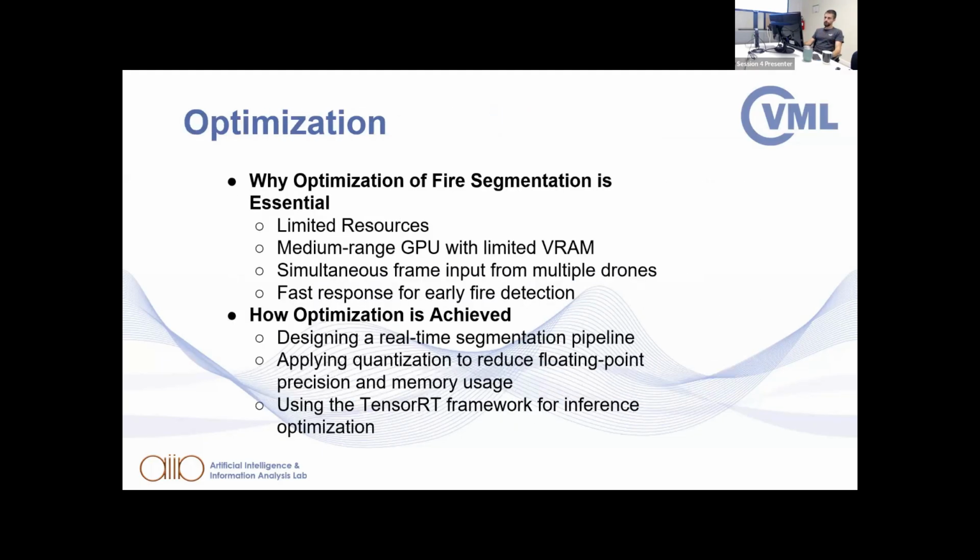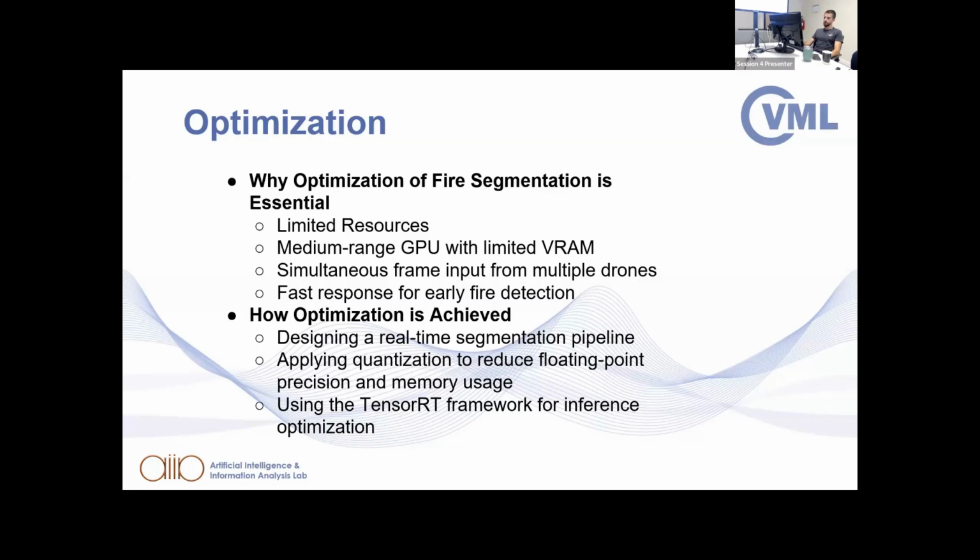In the final slide, I would like to say that optimization is crucial for applications that are running on the edge. That is quite important because we often operate with limited resources on edge devices. An edge device, for example, is a drone or a laptop base station that is in the field.